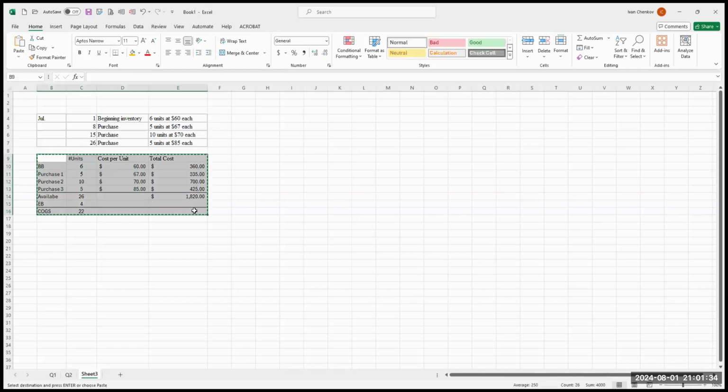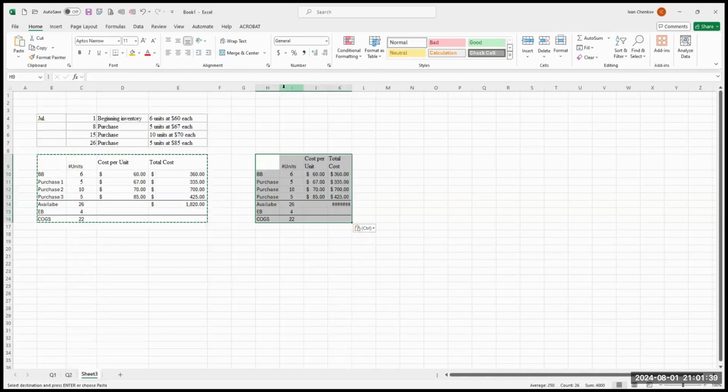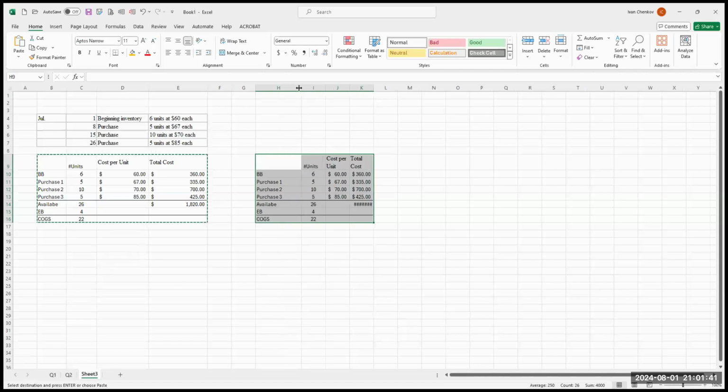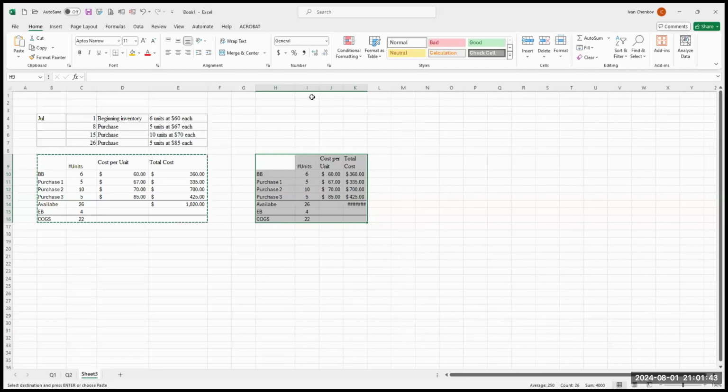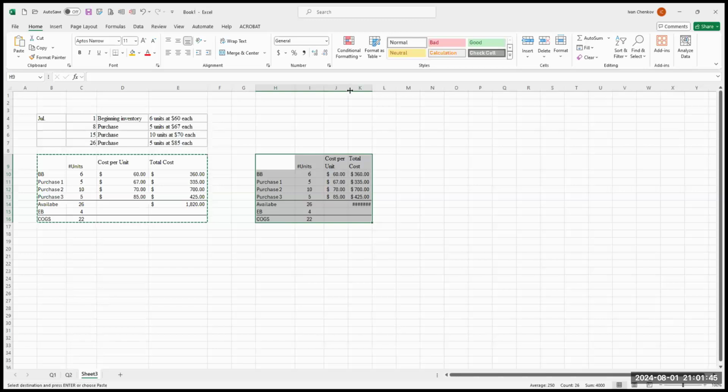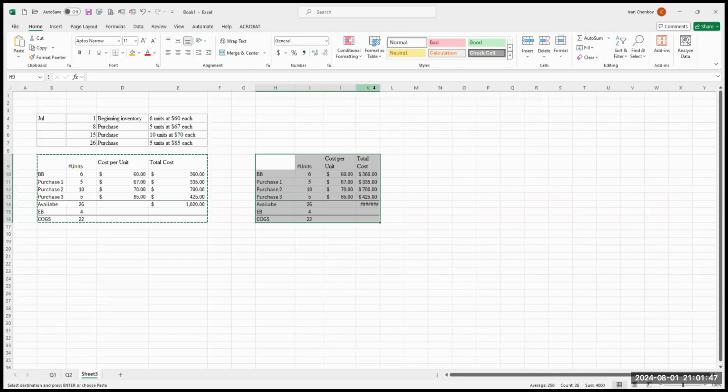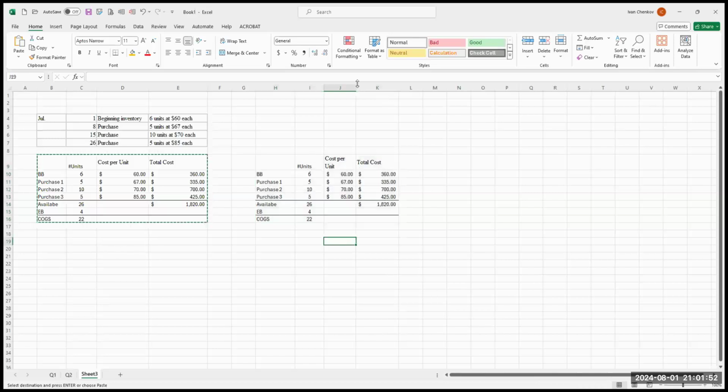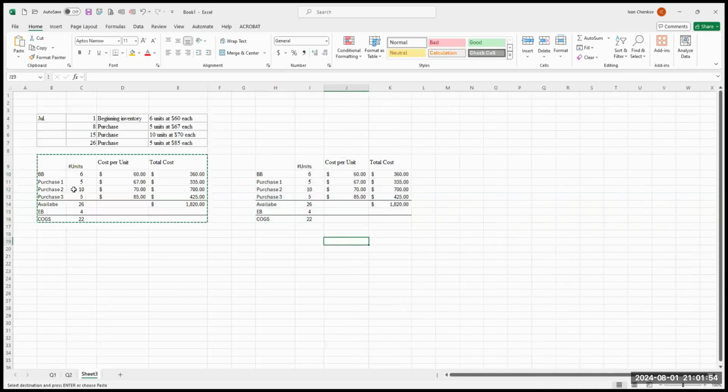Since I have this, I can flip it here, exactly the same thing, and work on this. How can I work? First, I'm going to extend those cells a little bit so we can see the numbers. And then I'm going to label this one, cost per unit, like this.